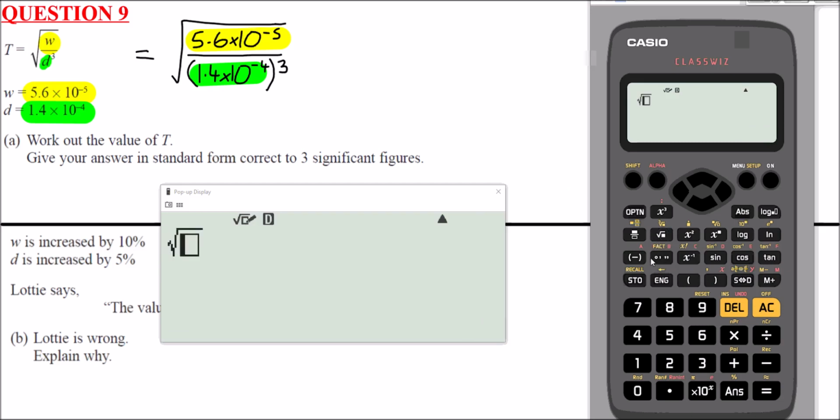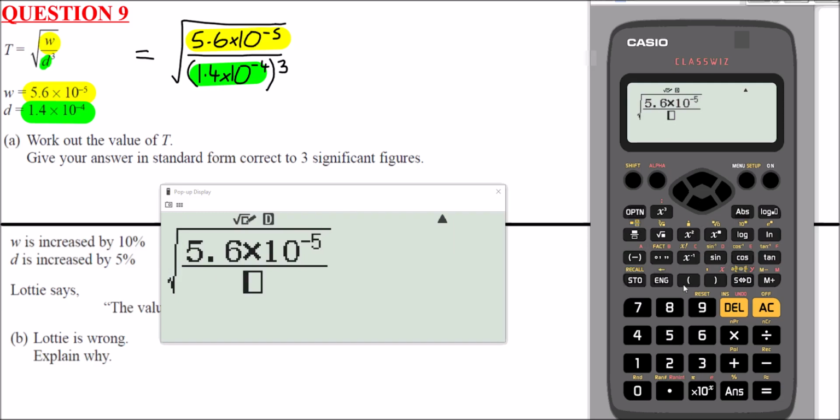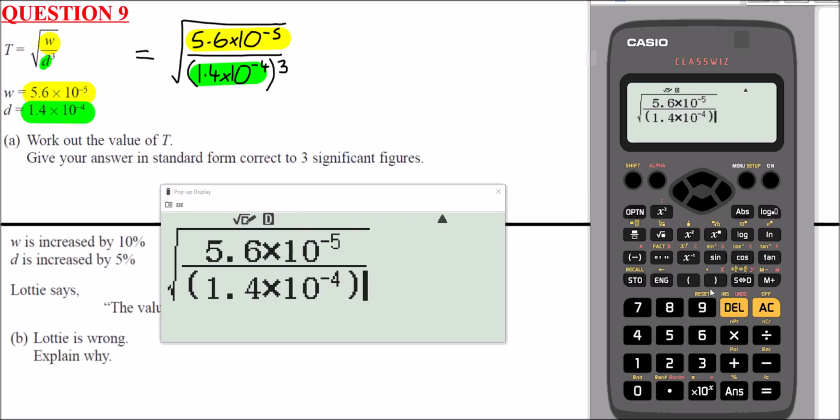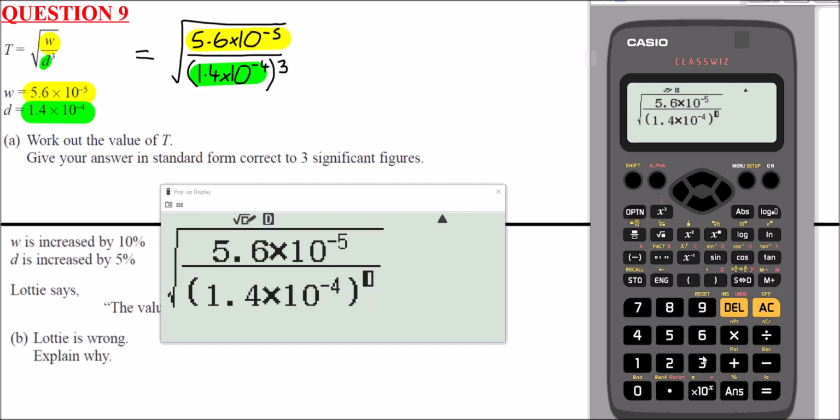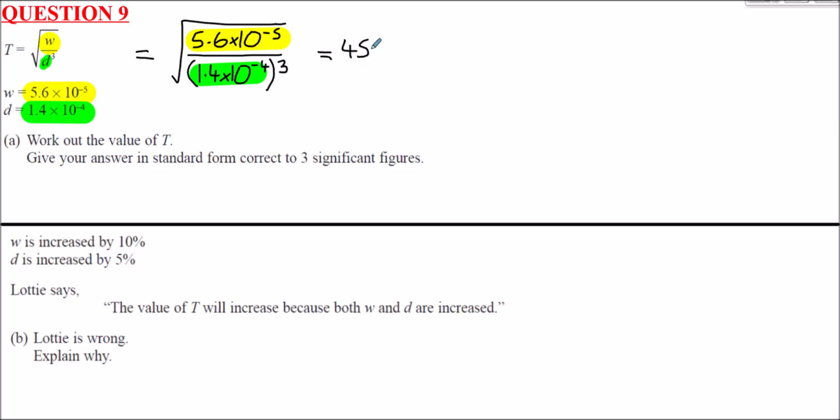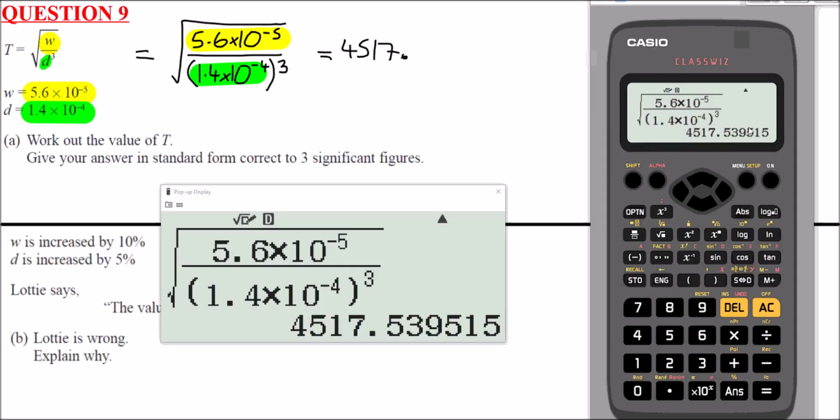So if you press square root, then fraction to get your fraction button up, 5.6 multiplied by 10, press the power button, minus 5, toggle down, open bracket, 1.4 times 10 to the power minus 4, close bracket, and then cube all of that, I get 4715.539 and so on.